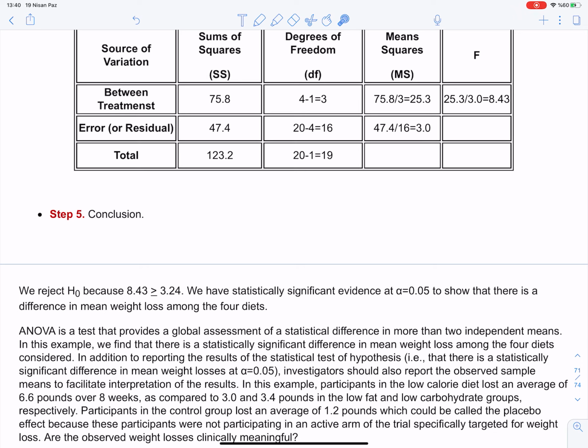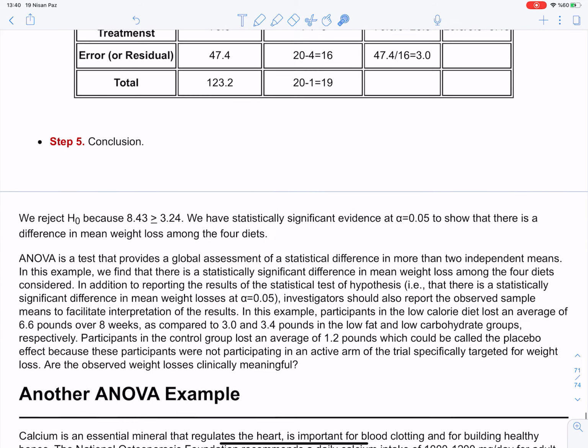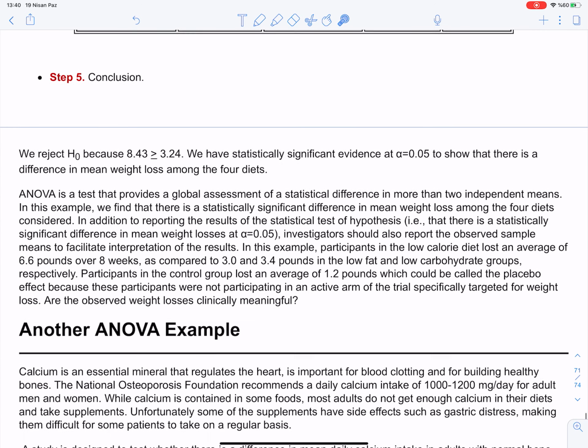In this example, participants in the low-calorie diet lost an average of 6.6 pounds over 8 weeks, as compared to 3 and 3.4 pounds in the low-fat and low-carbohydrate groups, respectively. Participants in the control group lost an average of 1.2 pounds, which could be called the placebo effect because these participants were not participating in an active arm of the trial specifically targeted for weight loss.